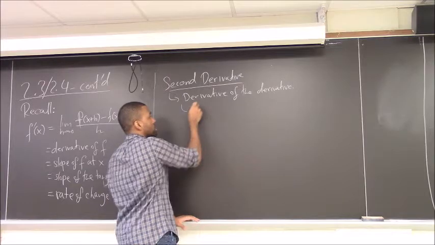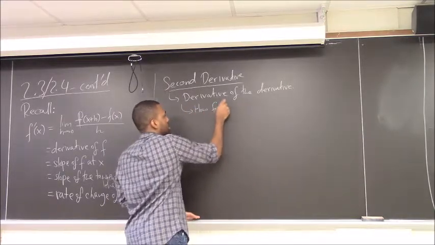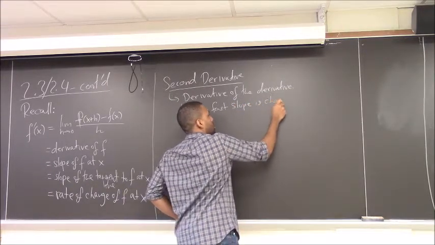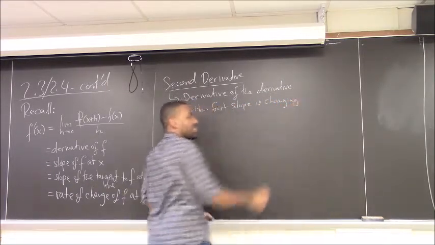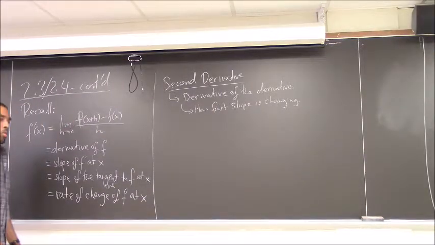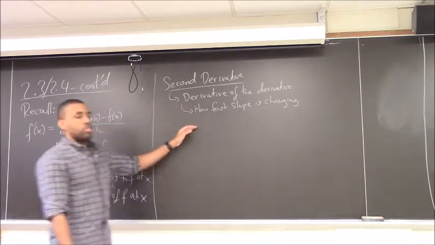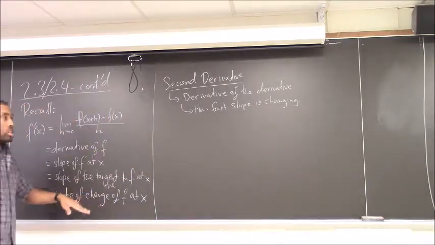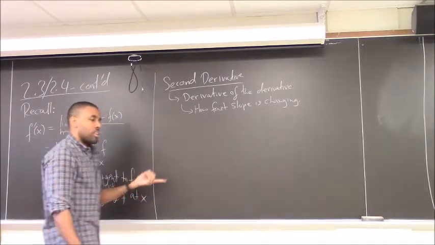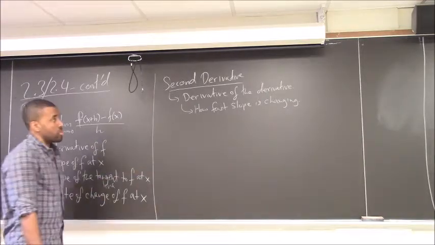That one told us how fast the slope was changing, so it's like the slope of the slope. We talked about one application in terms of motion, where if you differentiate position, that gives you speed or velocity. But if you want to figure out how fast the speed itself is changing, that was acceleration. That was actually the second derivative.